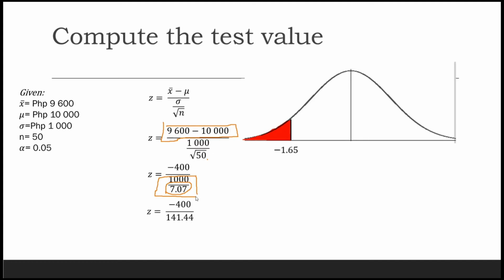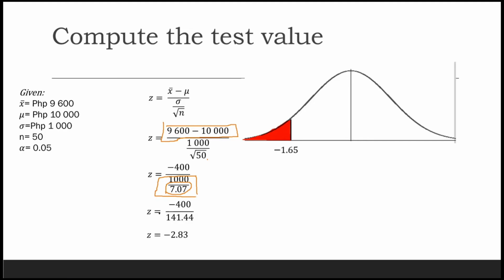So, always round it off up to 2 decimal places. So, next is negative 400 divided by 141.44 is equal to negative 2.83. So, ngayon, kailangan na natin siya i-test sa ating normal curve.